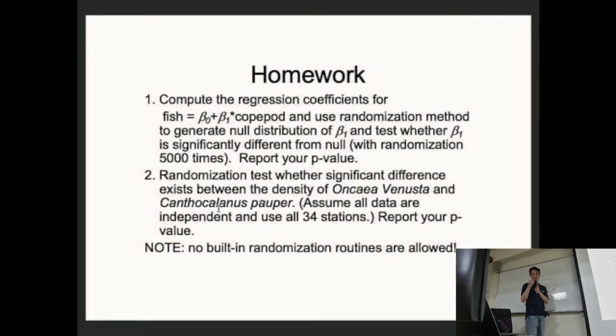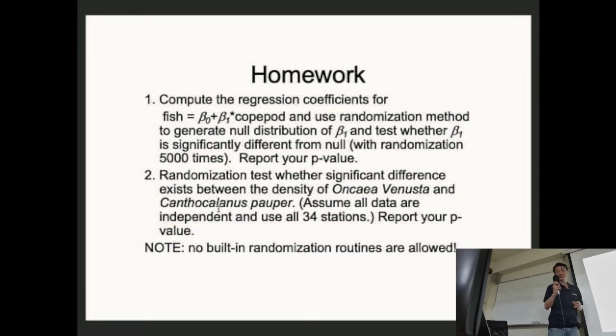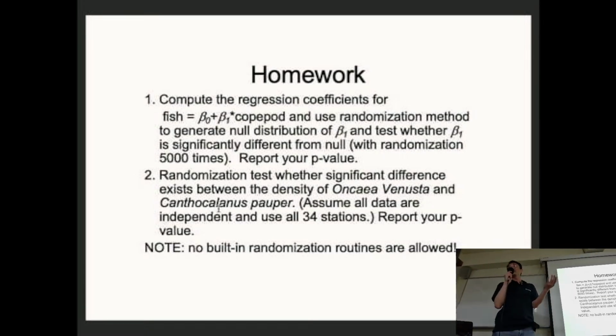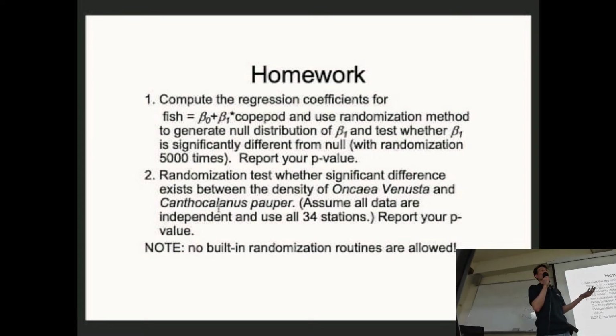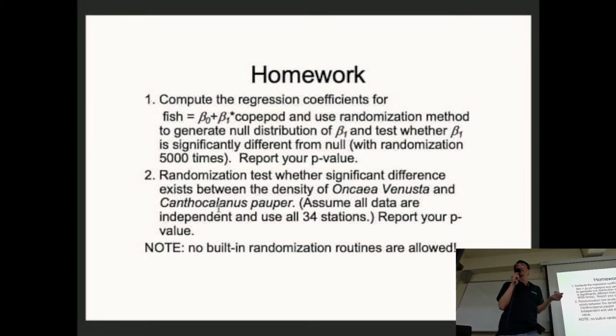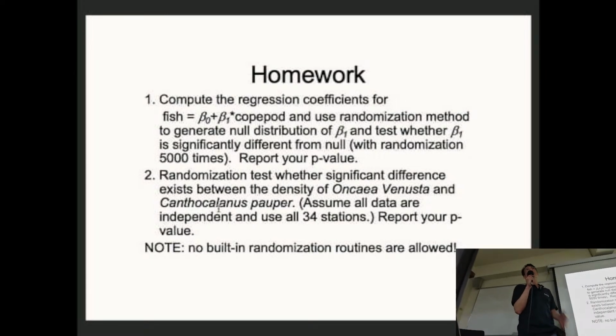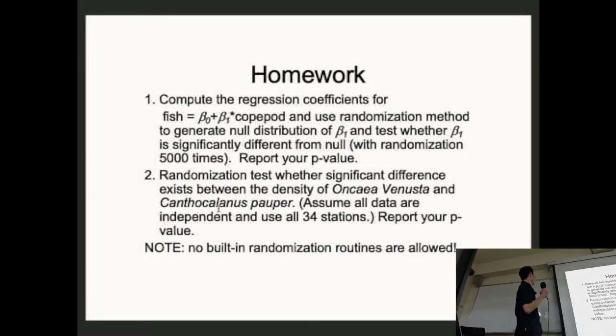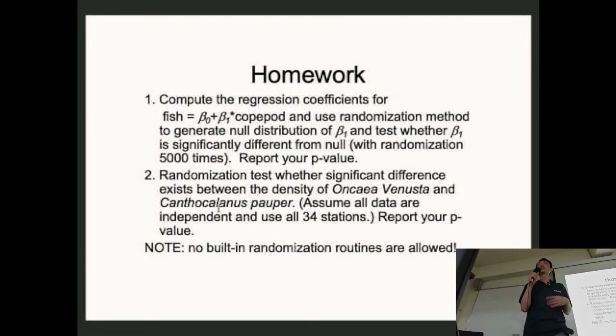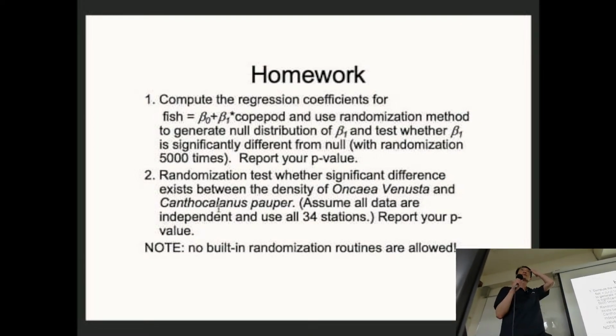Okay? If you really want to say your hypothesis test is rejected and the p-value is very, very small, then you really need to increase your number of randomizations. You can make it arbitrarily small. Of course, not really arbitrary, because if you run too many times, in the end the p-value is exact, right? The p-value becomes exact. Okay?